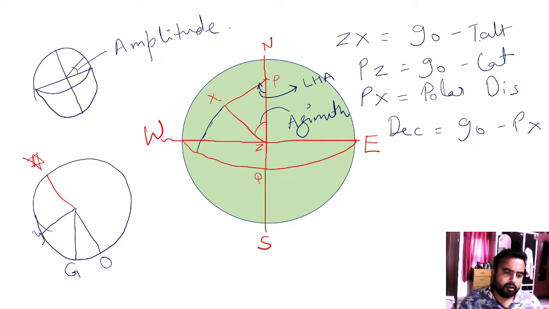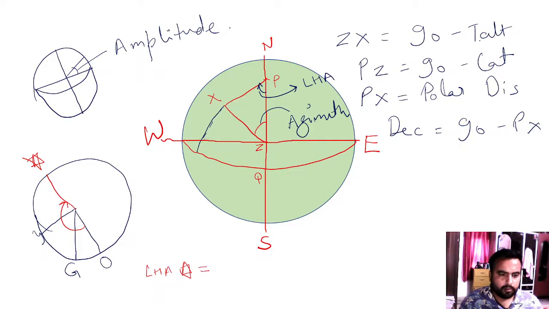You want to know the LHA: the angle from the observer to the star is the local hour angle, LHA of the star.